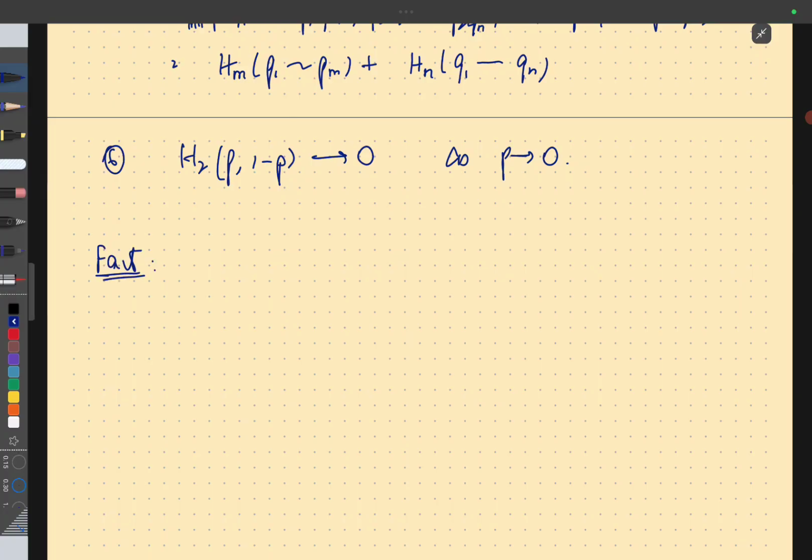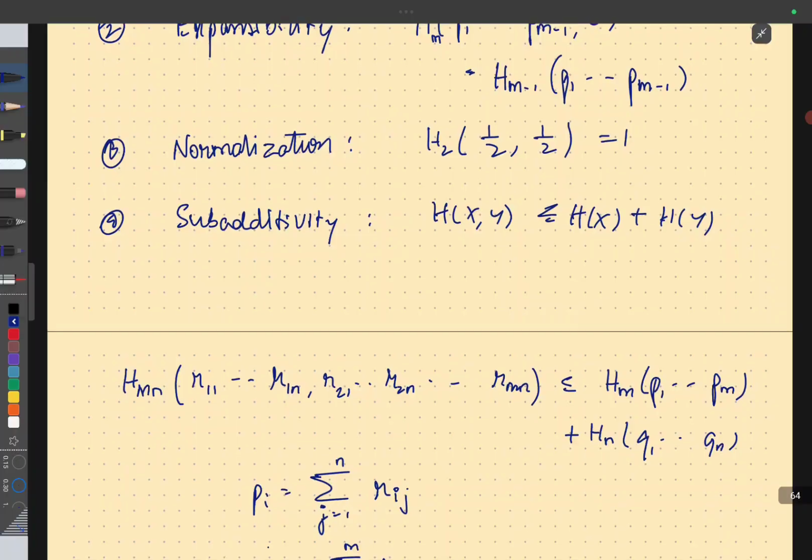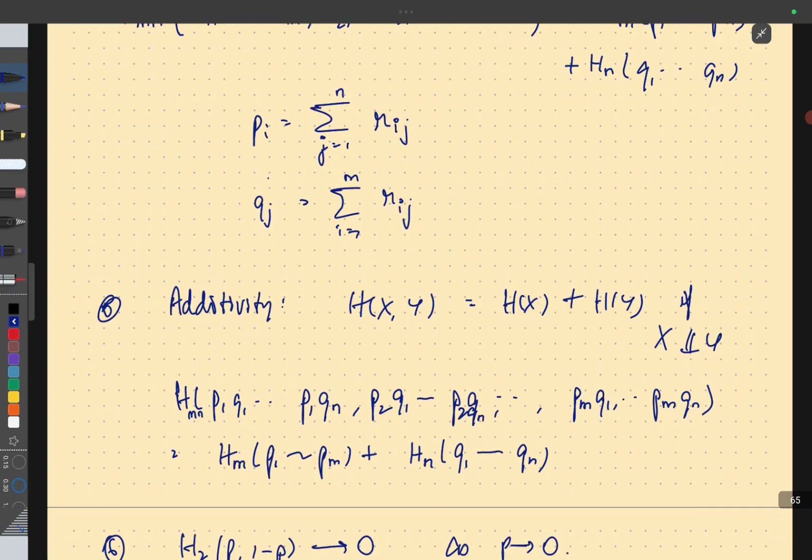The sixth property follows for any number of variables; it's enough just to do it for 2, and it naturally extends. So you can show that this coupled with the previous properties implies that H of P1 through Pm is a continuous function of P1 through Pm.